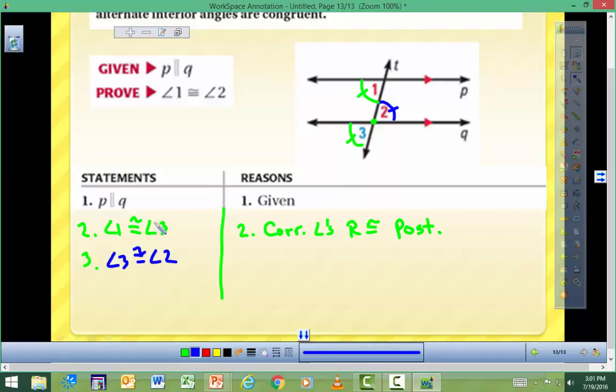Now, do you recognize this setup? We've seen it many times. I can now say, based on this setup right here, which you should all recognize, that's the transitivity idea, right? So I'm going to say angle 1 is congruent to angle 2. Oh, by the way, we need the reason here. The reason for this was vertical angles are congruent.